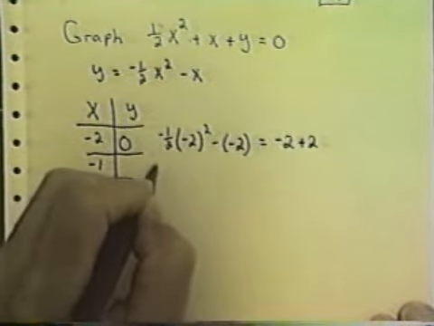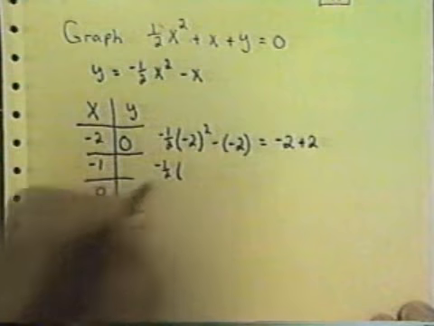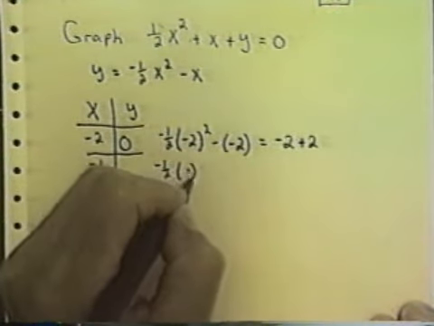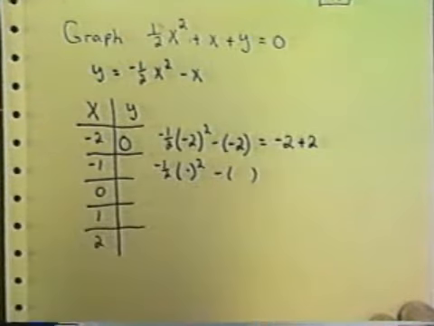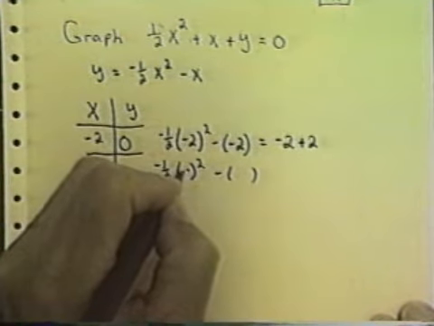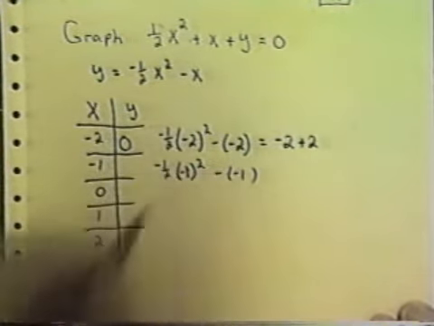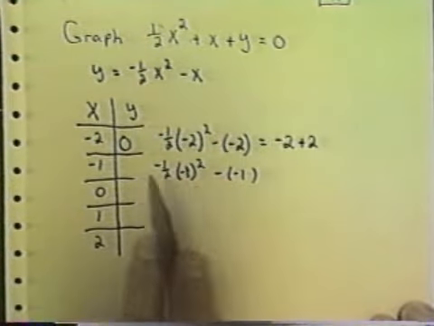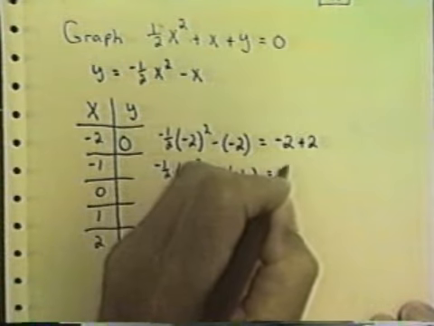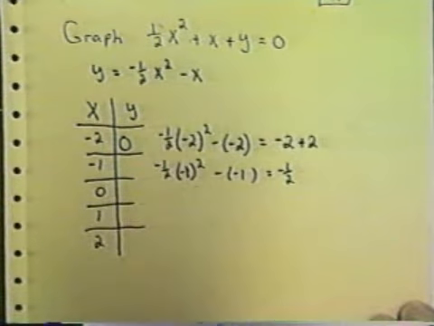For the second point, I have a negative 1/2 times something squared minus something. Now in the place of the something, I put negative 1. Negative 1 squared is a positive 1. A positive 1 times a negative 1/2 is a negative 1/2.